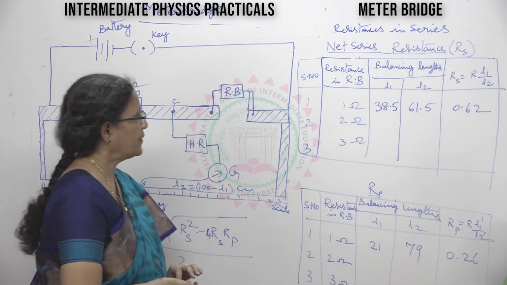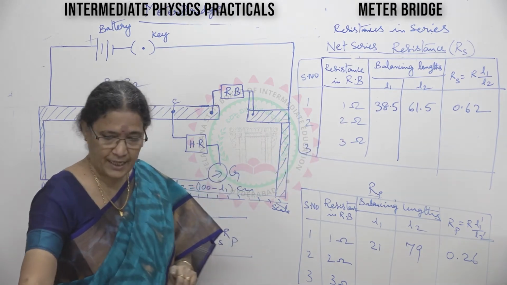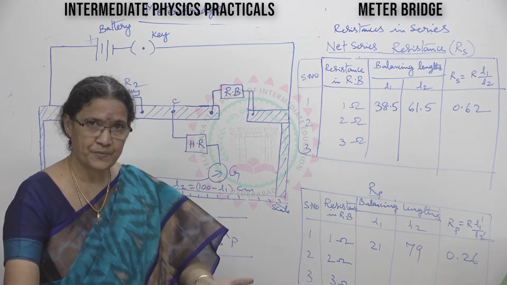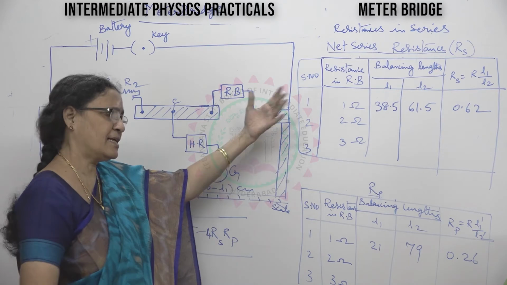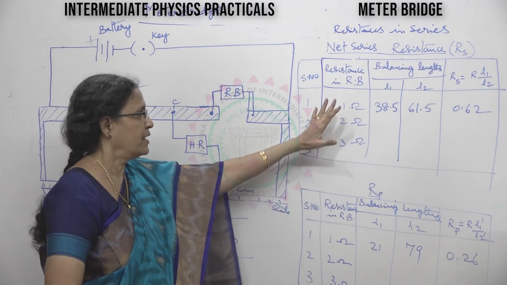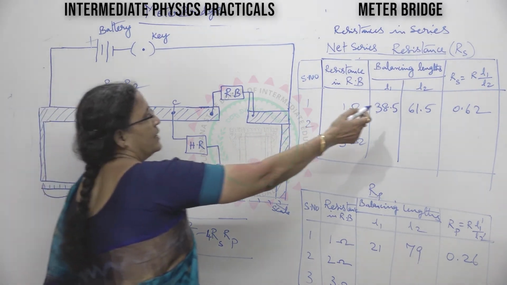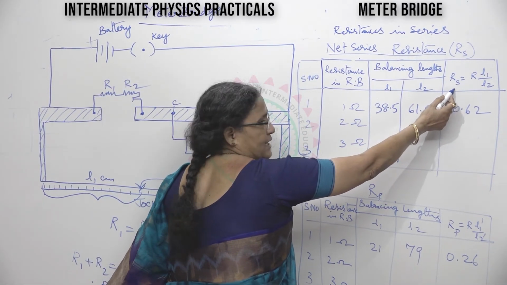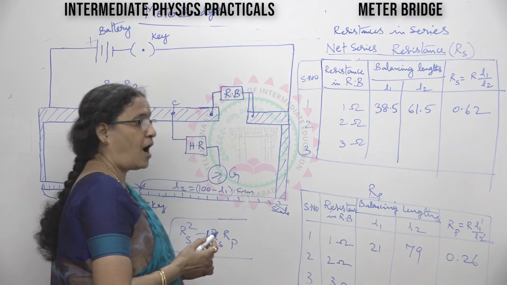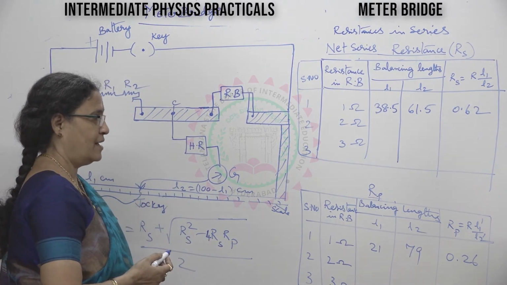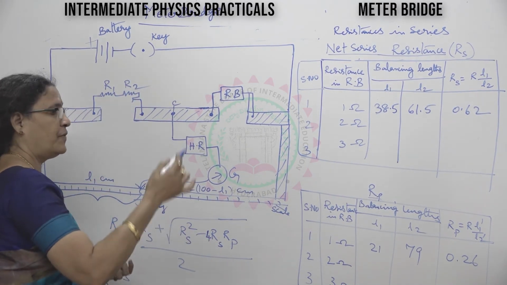So you take, first you have taken 1 ohm, then 2 ohms, then 3 ohms. Just the same way you have done earlier. The formula is also same, but we are calling it not X this time. We are calling it RS. So what is RS? We have learned the formula.